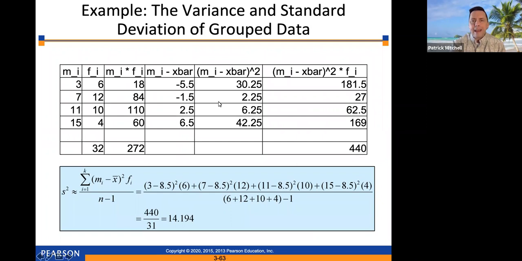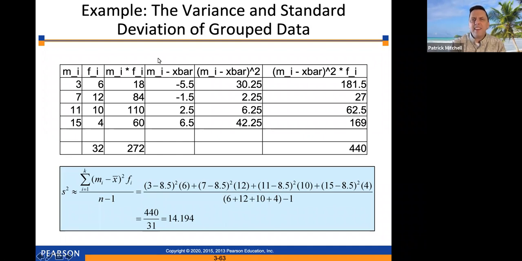Okay, so here's the table I made. And I used Excel to make this. This part here is exactly what we already had from when we did the mean. So what I would recommend you do is just keep that same table and add some more columns to it. So the first column is called m sub i minus x bar.